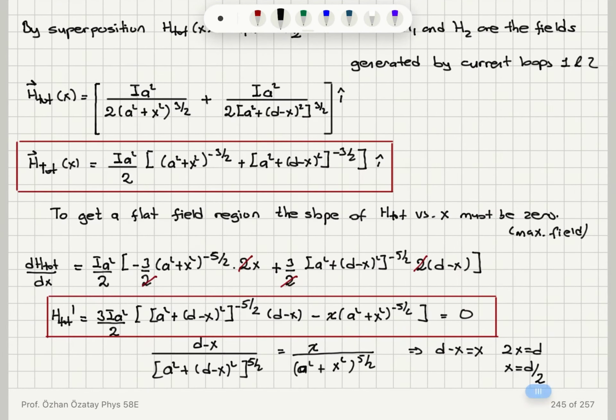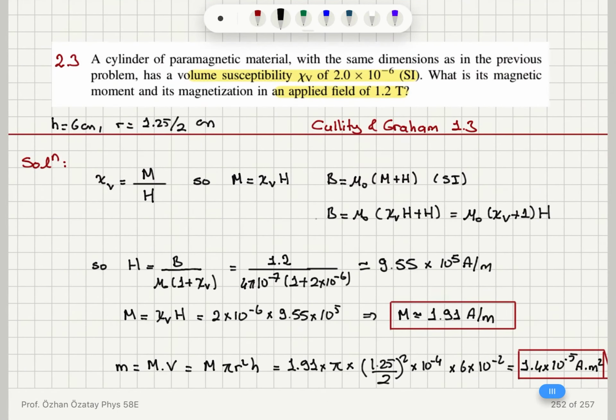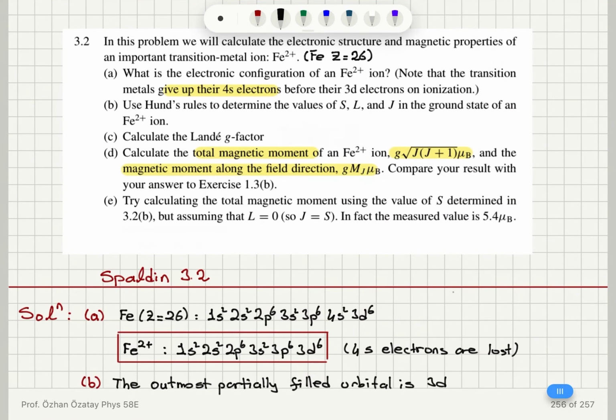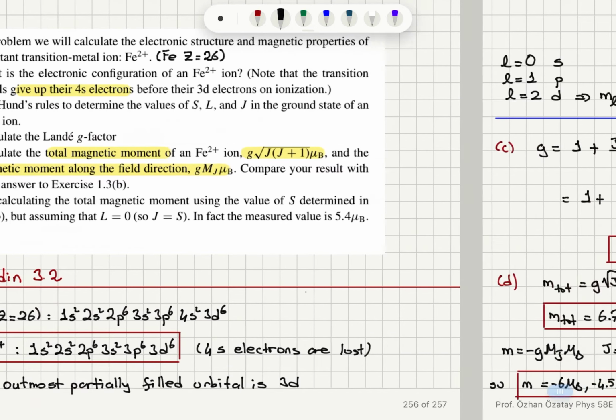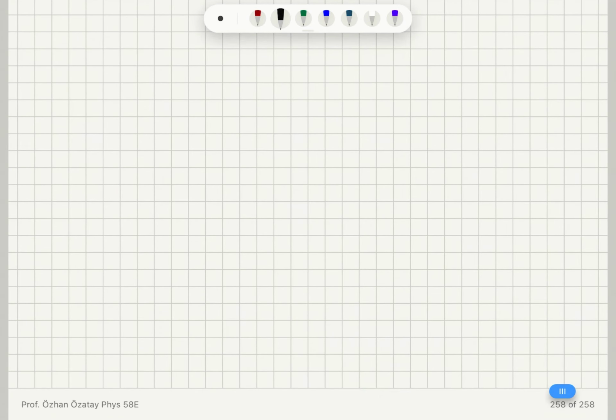So we have an answer that is comparable to this classical result, where we find the answer to be a Bohr magneton.